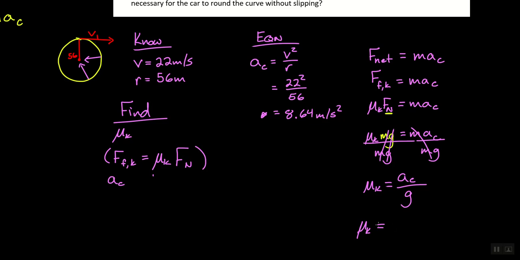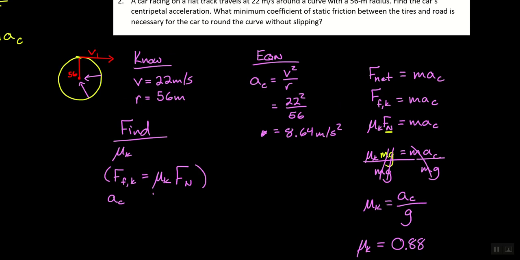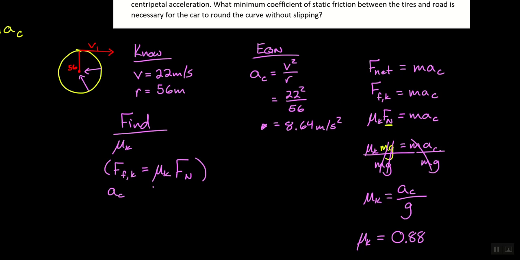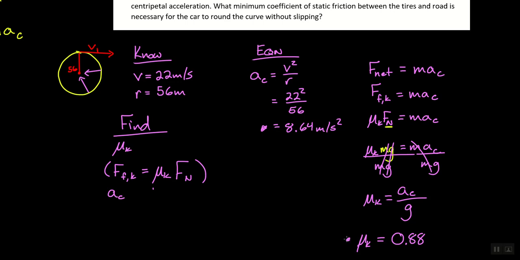0.88? Cool, cool. Now I know that a coefficient of friction of 0 is like literally no traction, so this is reasonable to me. All we need is a context. What minimum coefficient? So I guess I'm not going to make us write the contextual sentence here. The coefficient of friction between the tires and the road has to be at least what? 0.88.